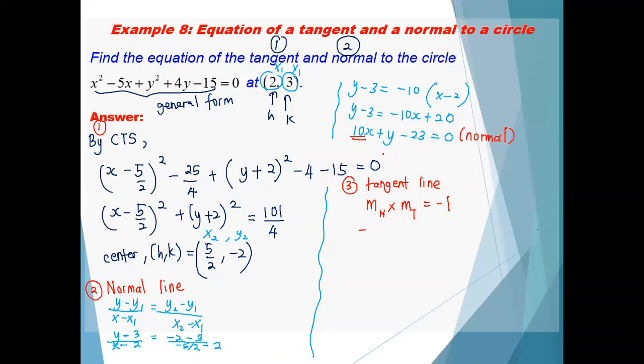Okay, kalau you rearrange dia, you akan nampak sini kan. Okay, -10. Y is equal to mx plus c. So gradient of a normal is -10 times mt is equal to -1. So gradient of a tangent is equal to 1 over 10.